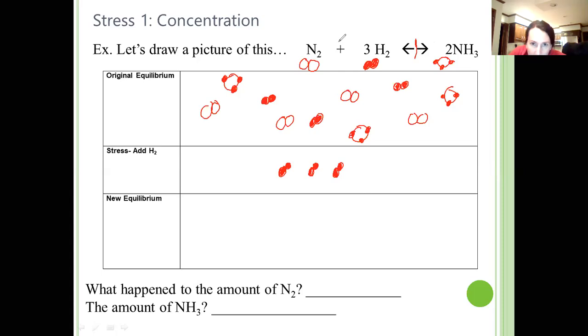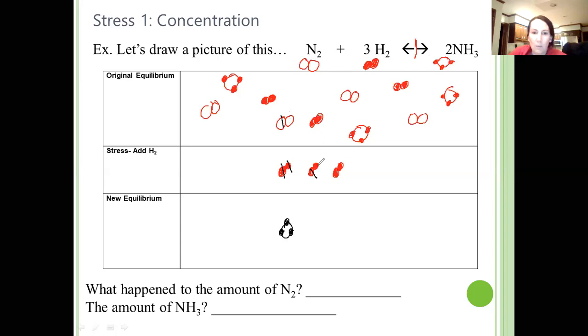So now I'm going to switch colors and just show you what'll happen. When it tries to get rid of this extra hydrogen, the way it's going to do that is by reacting with N2. And when I react with N2, I end up making NH3. So basically, I need 3 hydrogens and 1 nitrogen to make a new NH3.